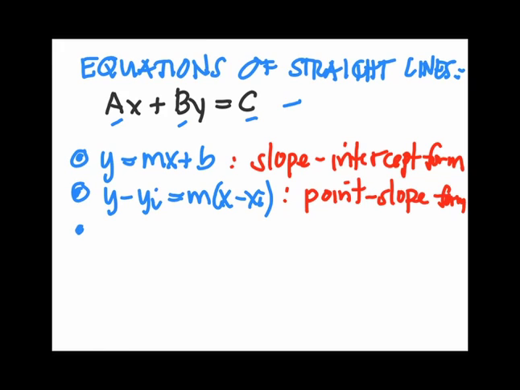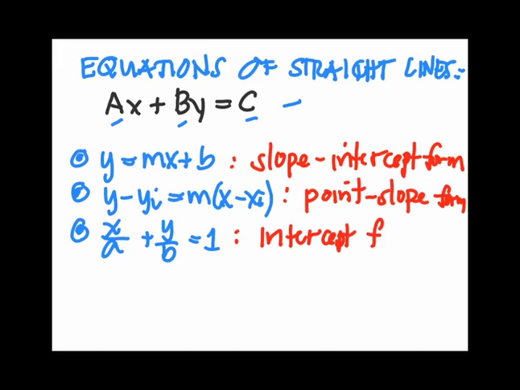Third, x over a plus y over b is equal to 1. This is what we call the intercept form, the equation of the line.